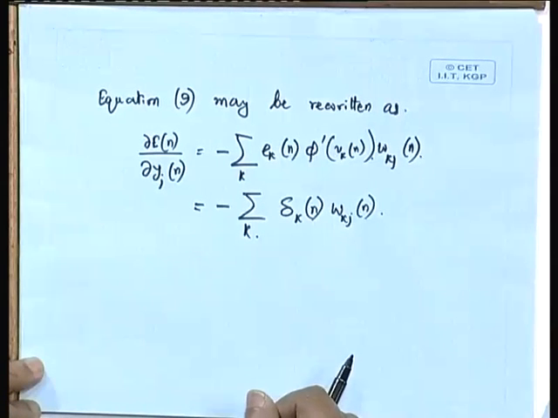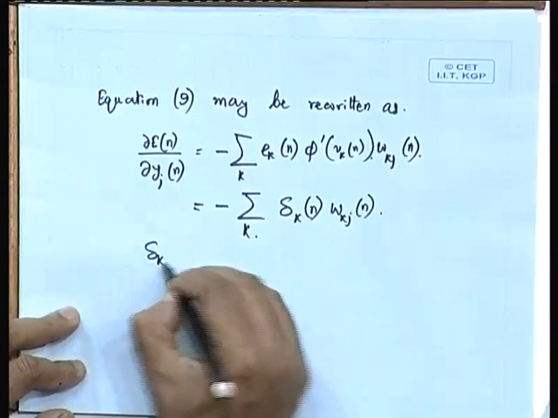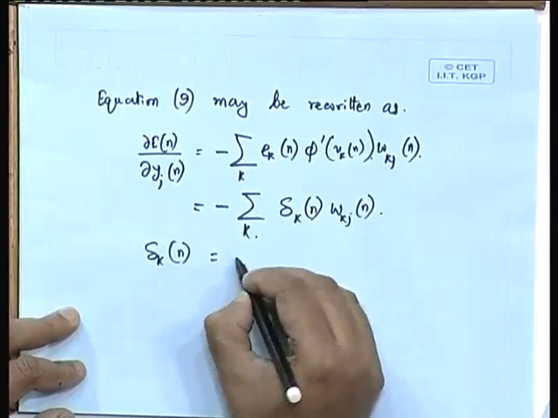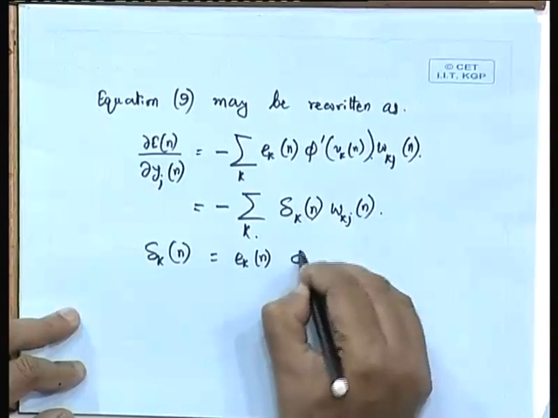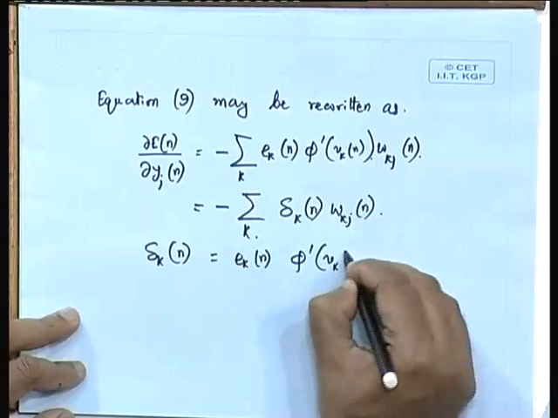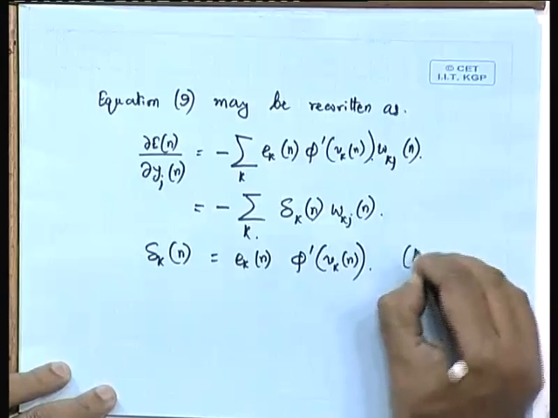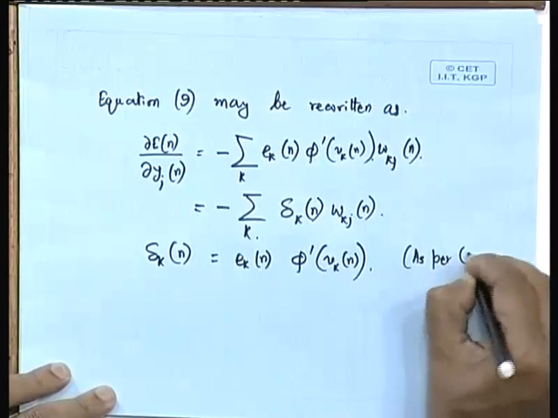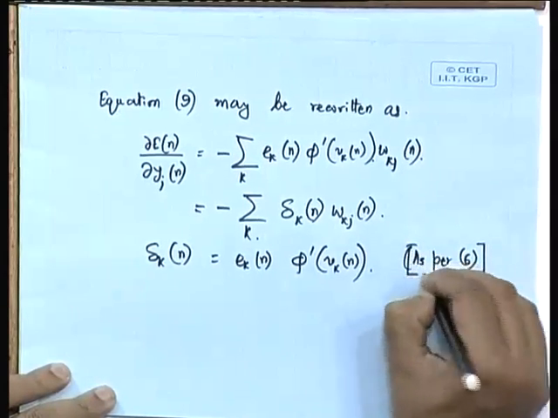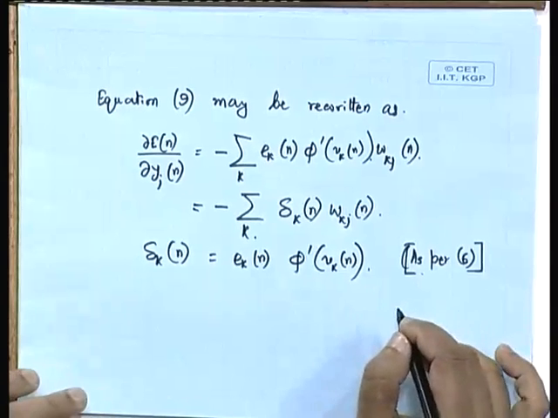So we have got the dou E dou Yj, and in this case we have made use of the fact that delta Kn is equal to Ekn into phi dash Vkn, going by our original definition. In fact, we had numbered that also. Yes, that is as per equation number 6. As per equation number 6, we have expressed this as follows.